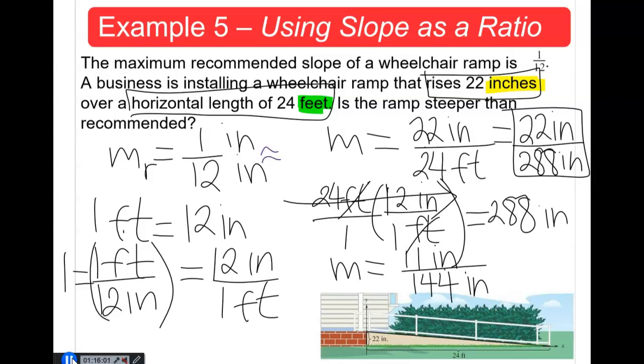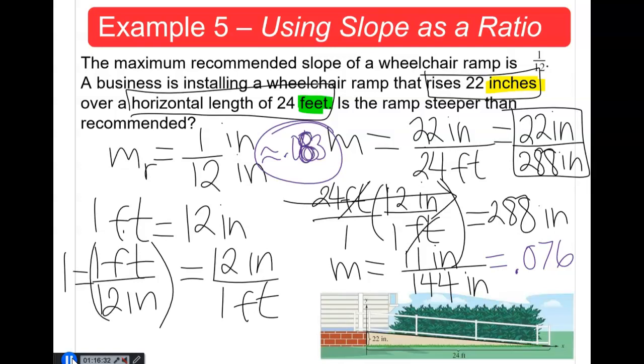So I'm going to put it in the calculator, 1 divided by 12, and I get 0.083. And then the 3 repeats. That is the recommended one. For the one that was already built, we're going to divide 11 by 144, and we're going to get 0.076. So if we compare that, this is an 8 right here, 8.